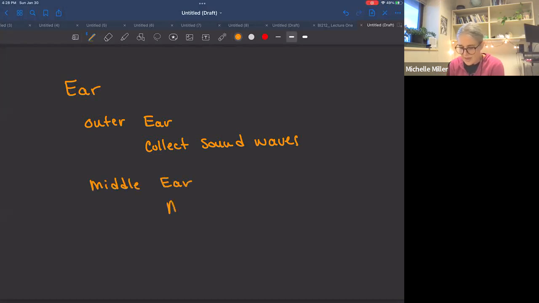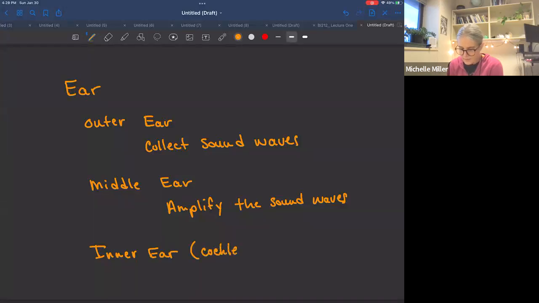This functions to amplify, make the sound waves louder. And then we have the inner ear, specifically the cochlea. And this has the hair cells.